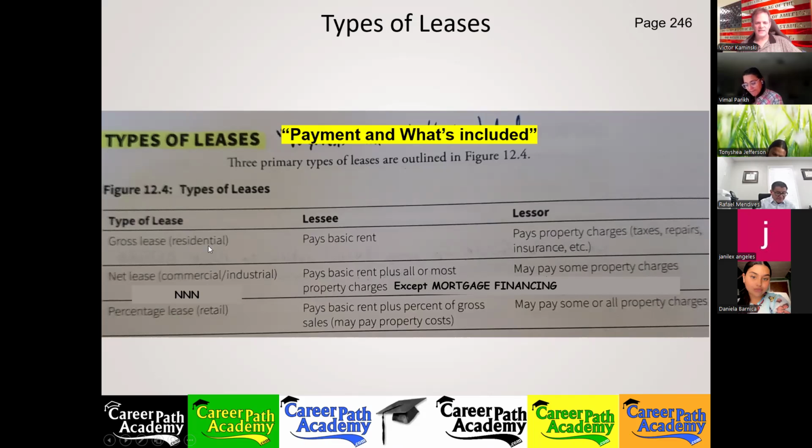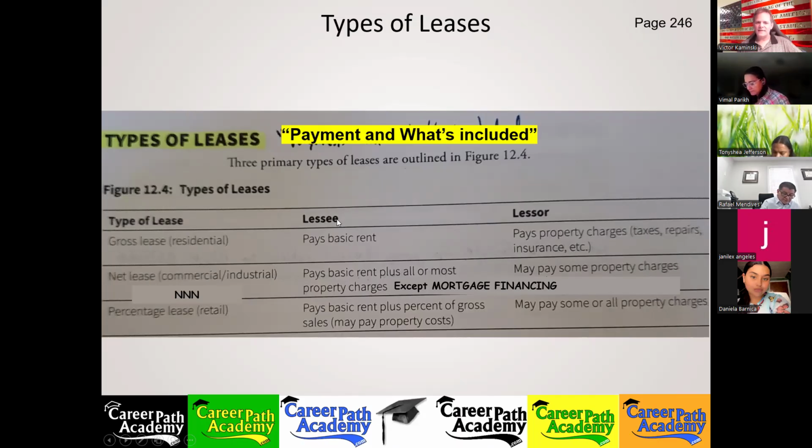It's common for residential. The lessee is the tenant. They pay their basic rent, and the lessor, the landlord, pays property charges: taxes, repairs, and insurance connected with the property. A net lease is common in commercial and industrial property. There's a variant of that called the triple net, expressed by writing three capital N's, NNN.